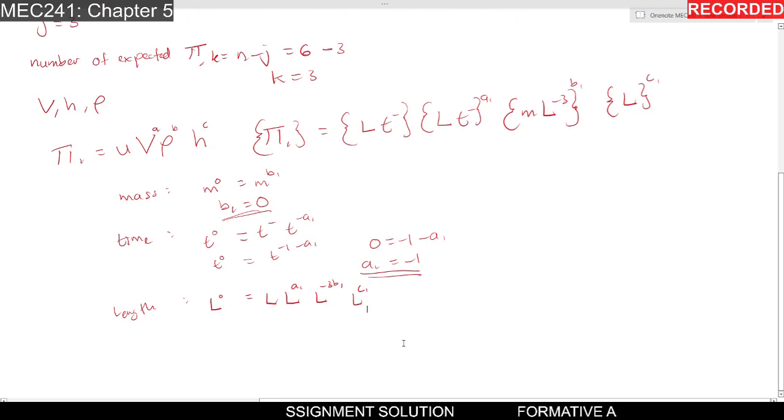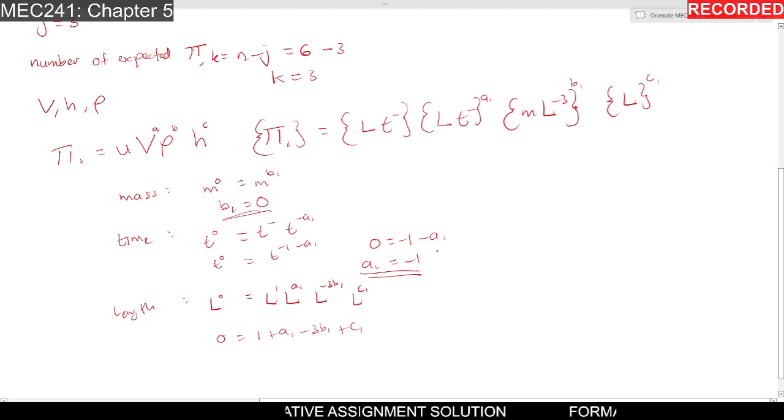So it's more complicated. So 0 equal to 1 plus a1 minus 3b1 plus c1.